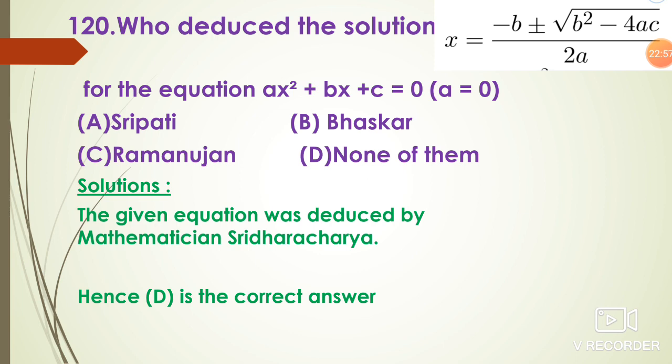Who deduced the solution x equals minus b plus minus root over b square minus 4ac by 2a for the equation ax square plus bx plus c equals 0? We use this formula to solve quadratic equations. We know that this formula was deduced by the Indian mathematician Sridharacharya. So Sridharacharya is not in the options. So D is the correct answer.